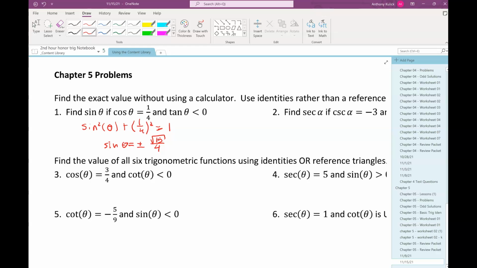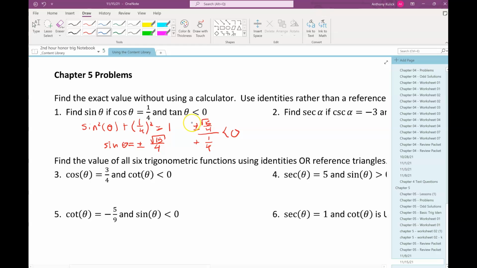Yeah. Okay. Now, I know that tangent is sine over cosine. So I know plus or minus square root 15/4 divided by positive 1/4 has to be negative. Well, what does that force the plus or minus to have to be?